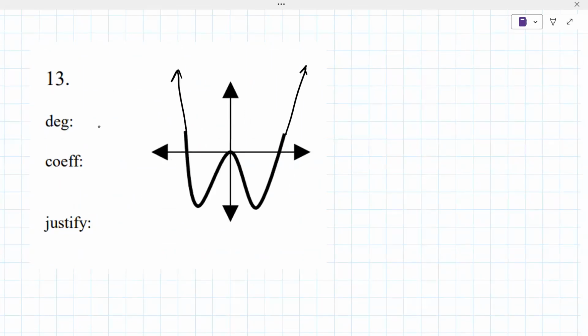Tell me whether this is even or odd and whether the coefficient is positive or negative. It is even.